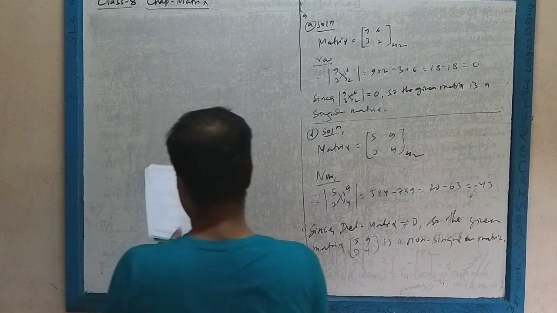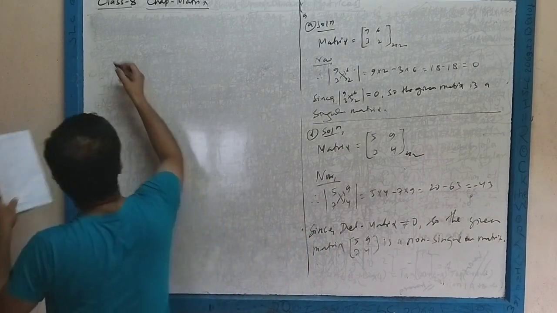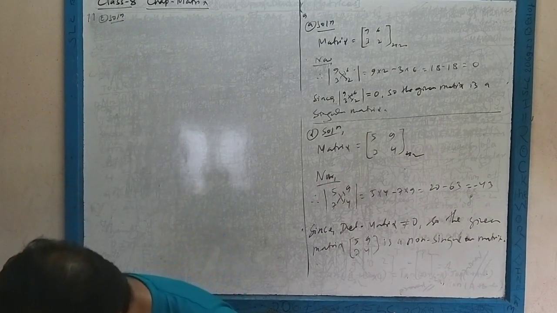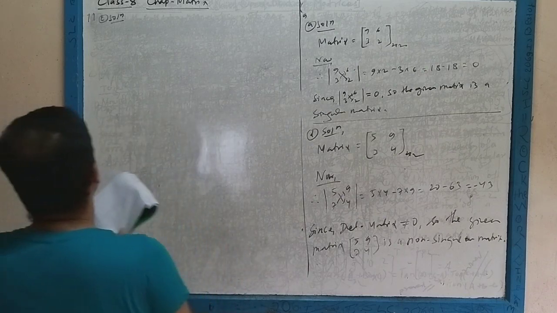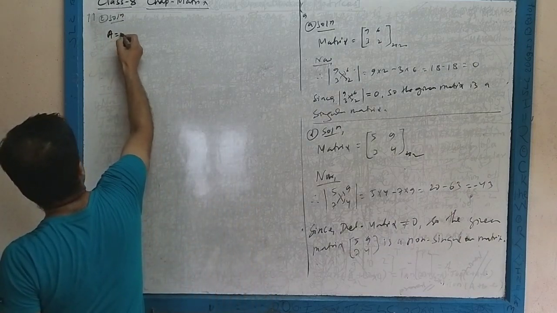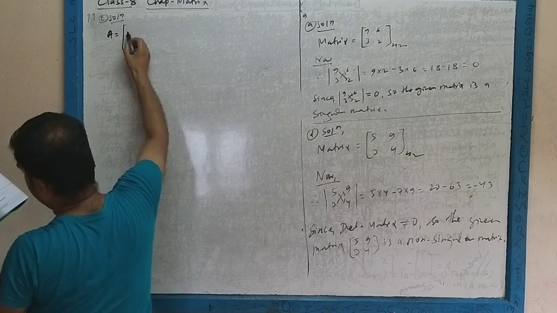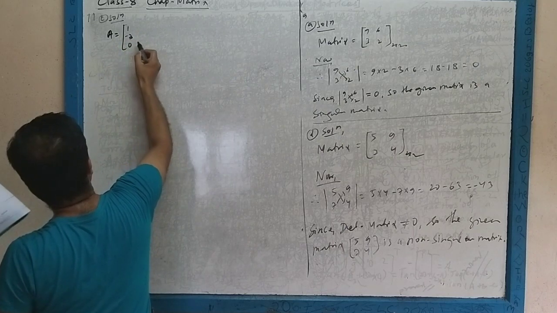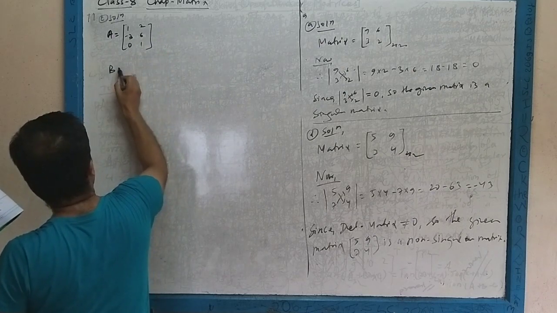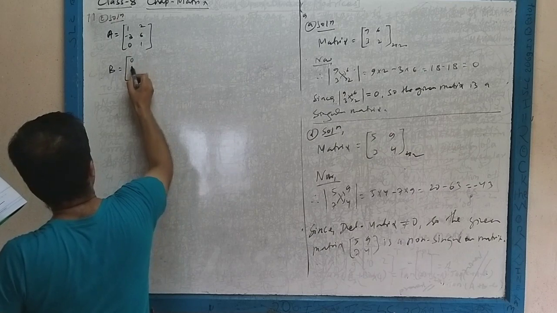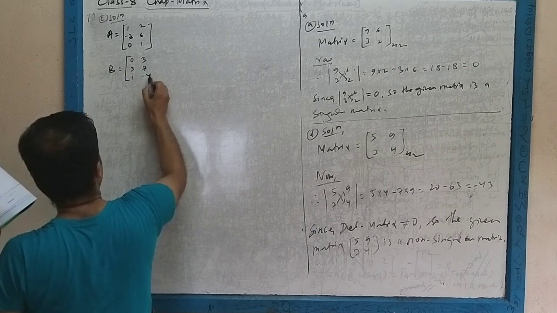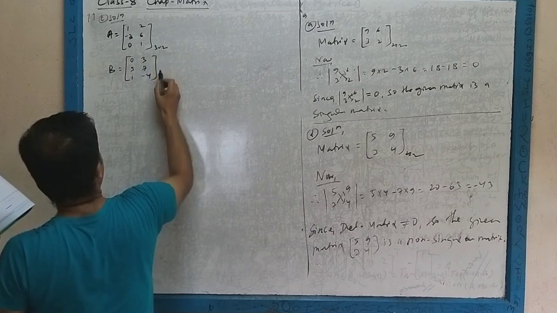Now see, question number 11C. What is given to you? Matrix A is given to you: 1, minus 3, 0, 2, 6, 1. What is matrix B? 0, 5, 1, 3, 7, minus 4. 3 rows by 2 columns.